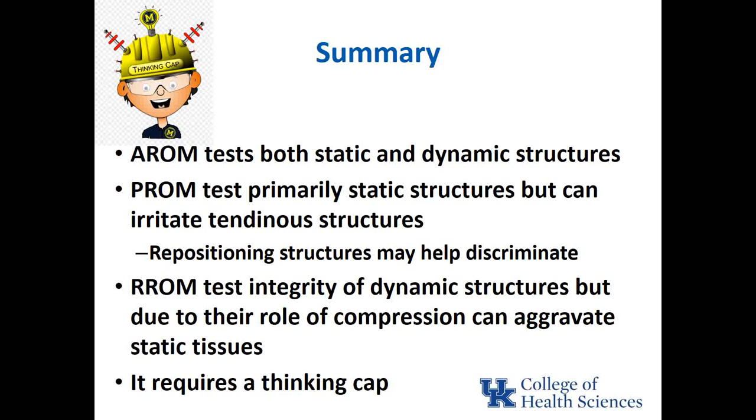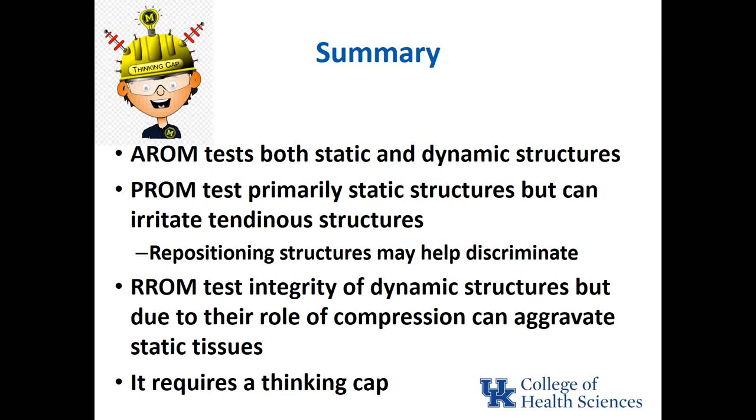You are potentially irritating tendons, which are musculotendinous structures, but at the same time your focus is going to be more with active or resisted exercises that aggravate those. Resistive range of motion is going to test the integrity of the dynamic system. So that's going to be your motor output. So your rotator cuff and other musculature has to be evaluated.